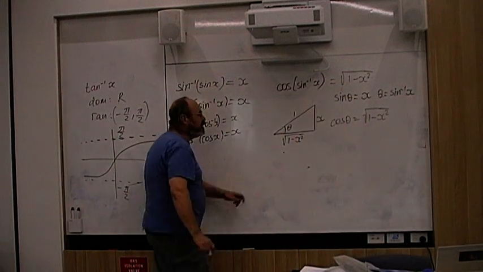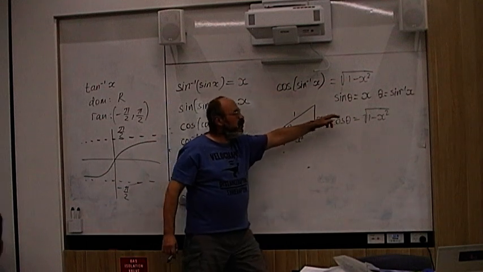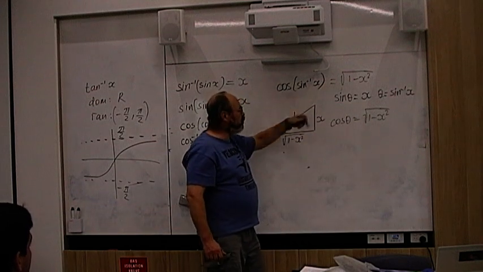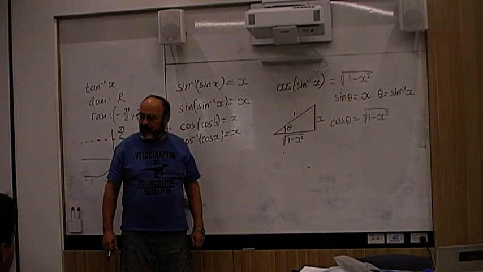So if we say sine theta in this triangle equals x, then theta equals sine inverse of x. And so we have cos of this angle equal to the square root of 1 minus x squared.